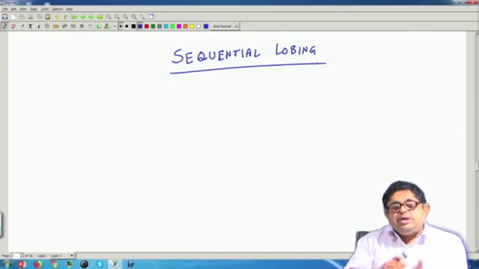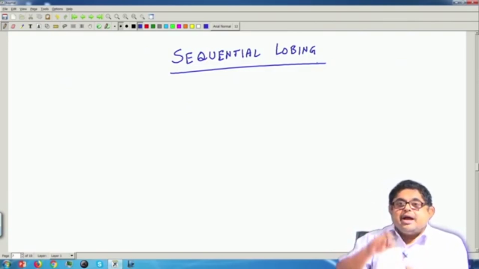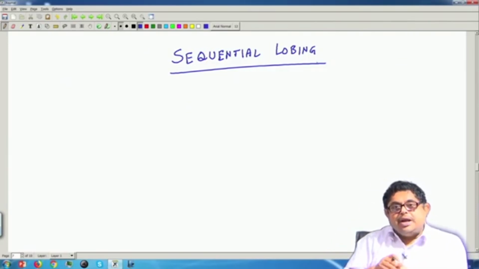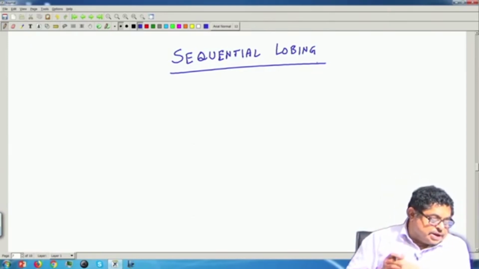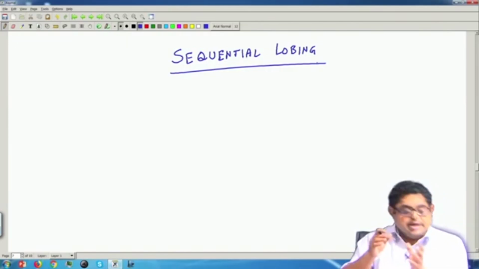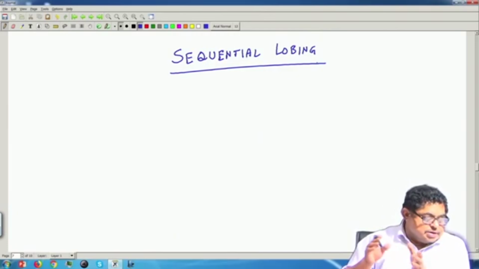So, you need 4 beams, 2 in azimuth directions with squint in symmetrical directions about the antenna axis, and also 2 squint beams in up and down or elevation direction. These beams in sequential lobing are switched sequentially to a single Rx.